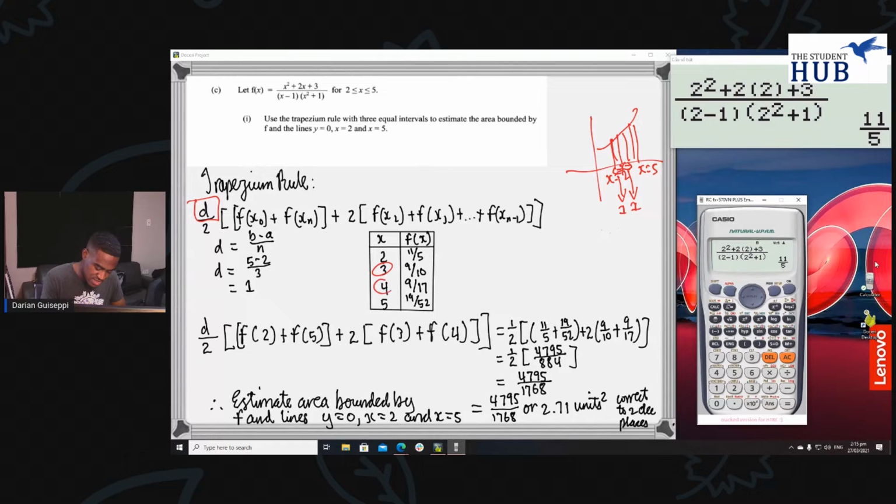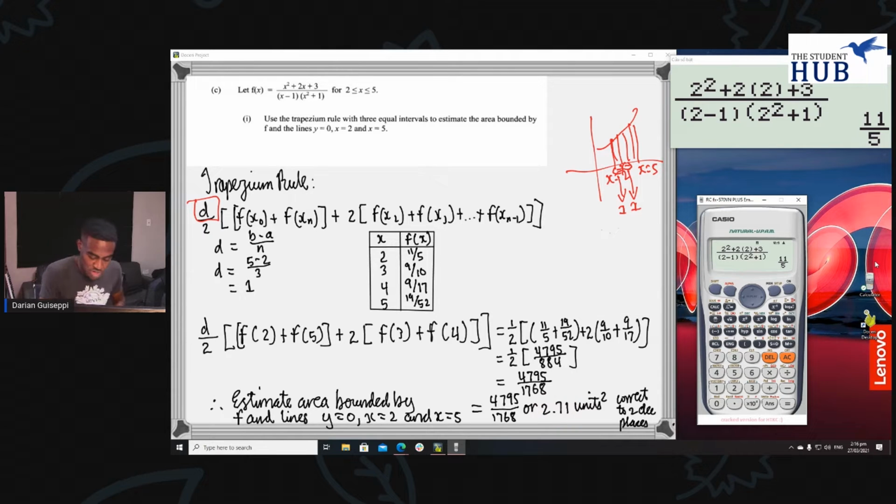That's how you get these values. Take those x values and plug them into f, which is a function. Then substitute into the formula and plug everything into a calculator, and you should get this as a solution, or even this if you're rounding off, and that's basically it.